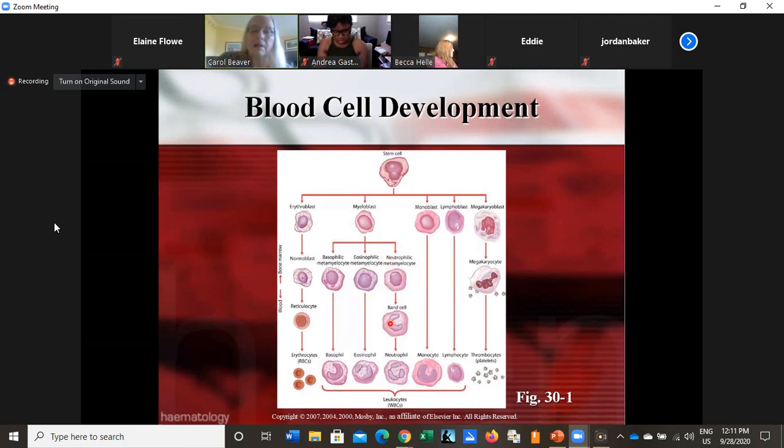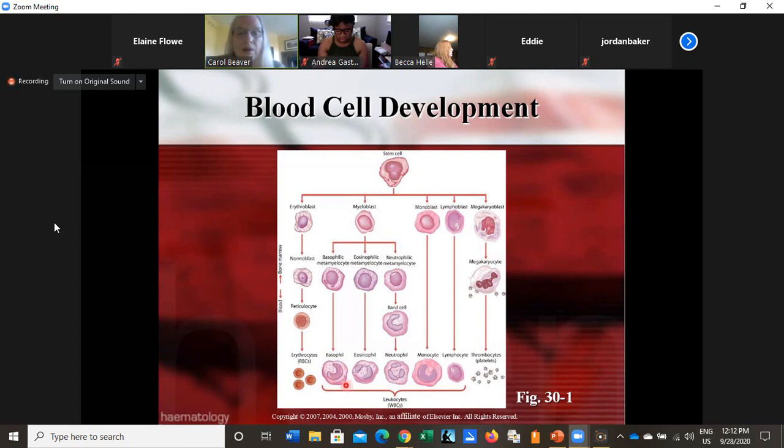Here's the band cell. You see the banded, and then you've got the granulocyte. All of these are granulocytes. The three here in the myeloblast area, and so the band cell here, and then our neutrophil has the poly area of the nucleus, and then the eosinophil's nucleus is a little different looking, sort of like a hat, not a half moon.